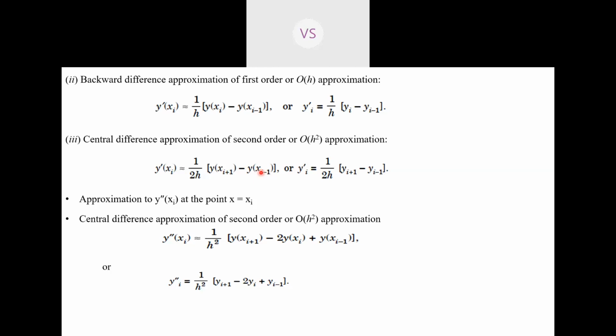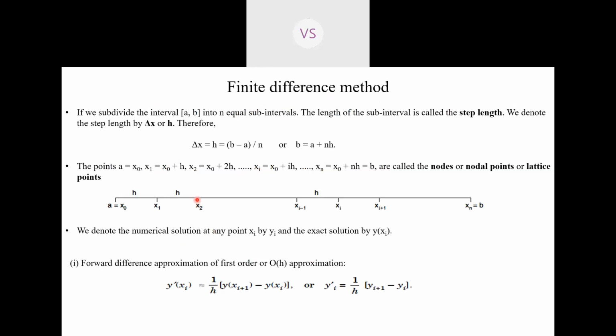When we consider the central difference approximation, you have to consider the central term. Suppose at this point we have to find it. What is the value of y at this point? It is y1.